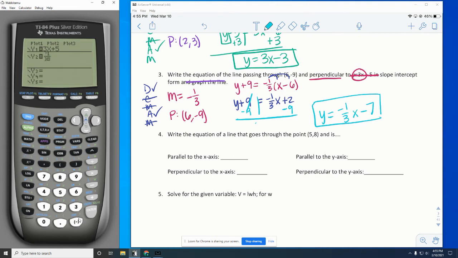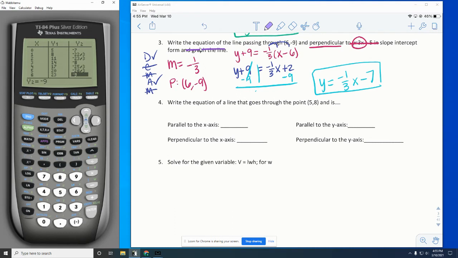I'm now looking at negative 1/3 x minus 7. So if I graph these lines, I can see that they cross at a T, not just that they cross, they specifically cross and make 90-degree angles. And if I go to the table, the point 6, negative 9 is on my second equation.